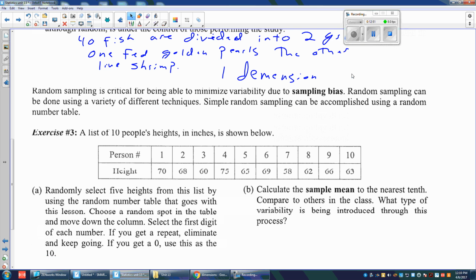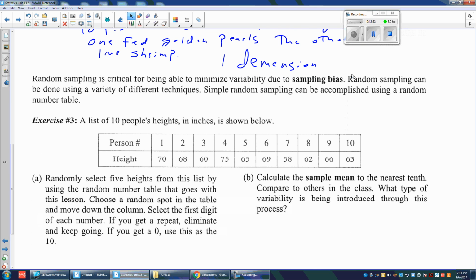Random sampling is critical for being able to minimize the variability due to a bias in the sampling. Random sampling can be done using a variety of different techniques. Simple random sampling can be accomplished using a random number table. For example, the phone book is a random number table.